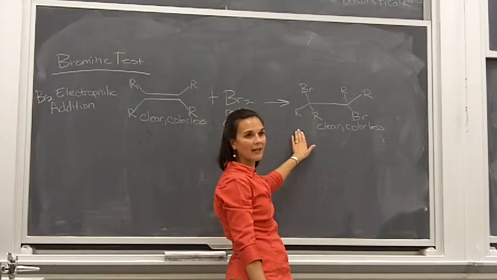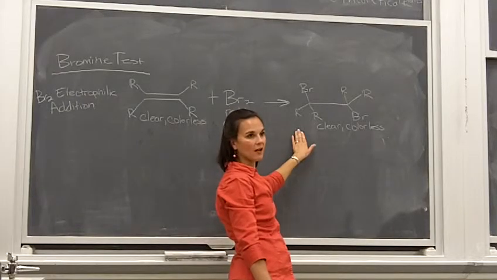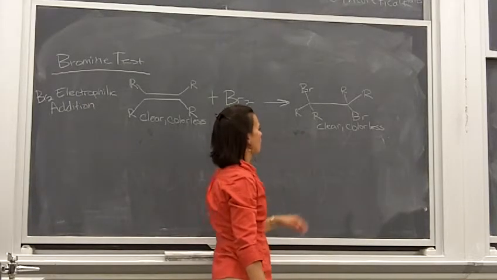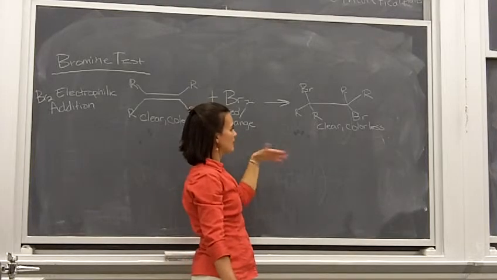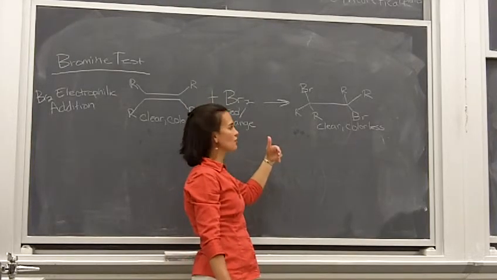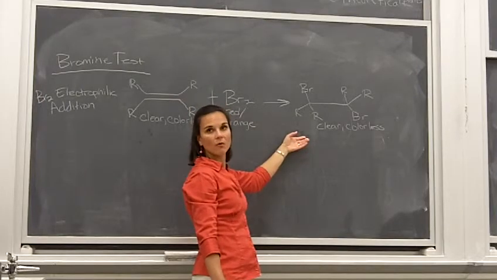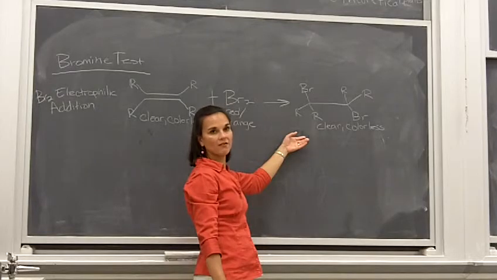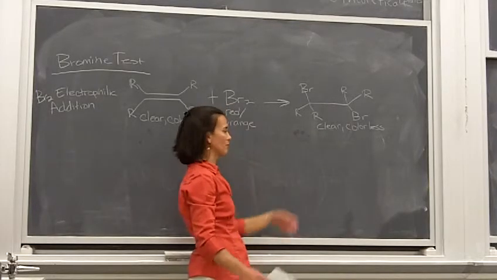So you don't need to keep adding and draining the bottle of bromine just to make sure that you definitely do have an alkene, all right? But it's going to stay clear and colorless as long as it's reacting with the alkene. As soon as you've consumed all the alkene, then it will hold the color of the bromine solution and stay red-orange, okay? But it's only after you've consumed your entire alkene.